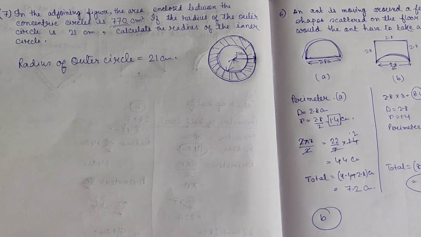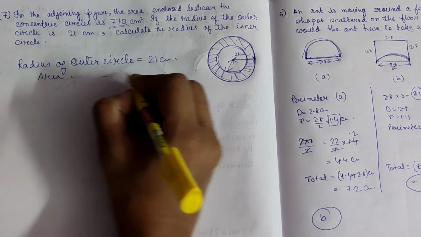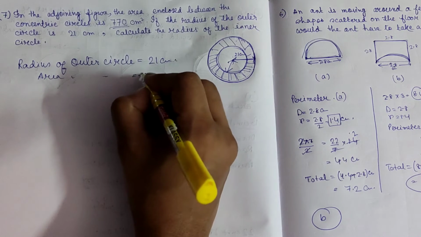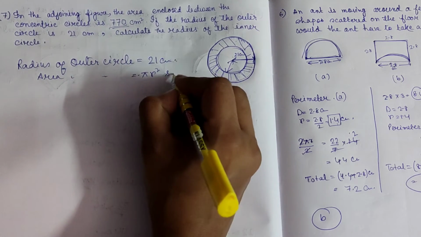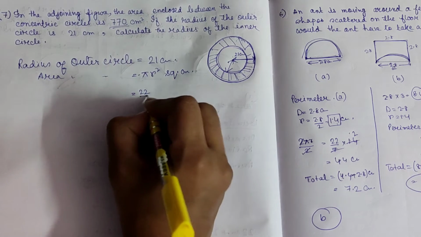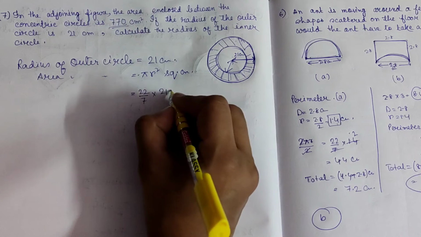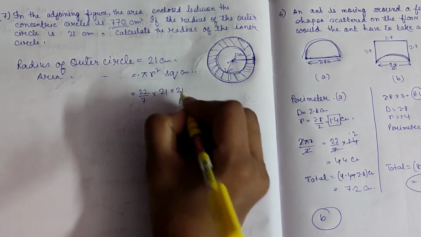So the area we can find out, that is pi r squared. Don't forget to write square centimeter. Pi is how much? 22 by 7. R is 21, but since it is squared, you need to write it 2 times.